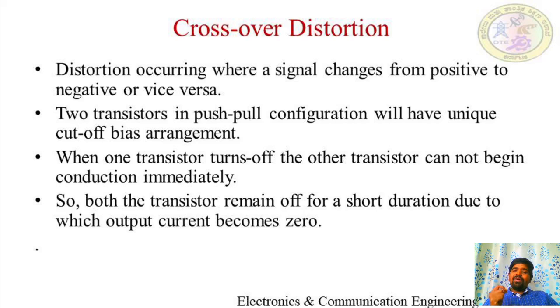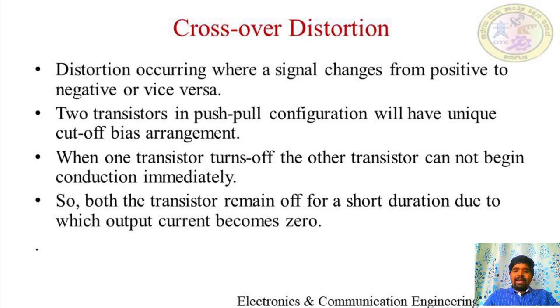When one transistor turns off, the other cannot begin conduction immediately, so both transistors remain off for a short duration, due to which the output current becomes zero. When there is switching from one transistor to the other, there is a short gap between the two transistors' conduction switching time. This causes the output to become zero, and that is called crossover distortion.